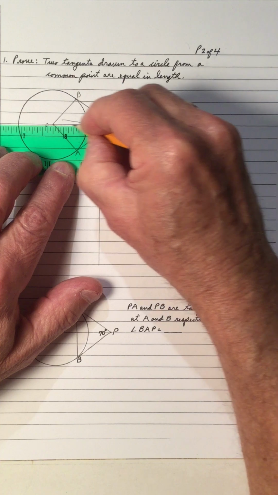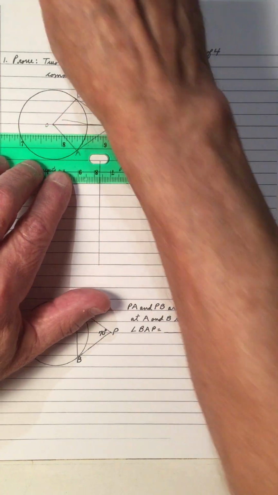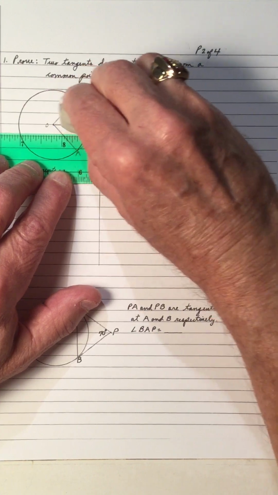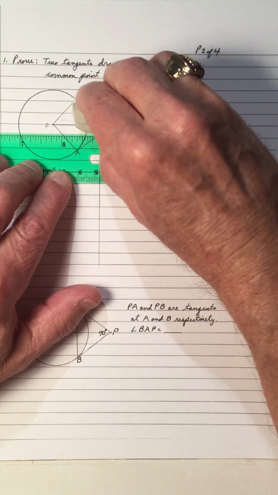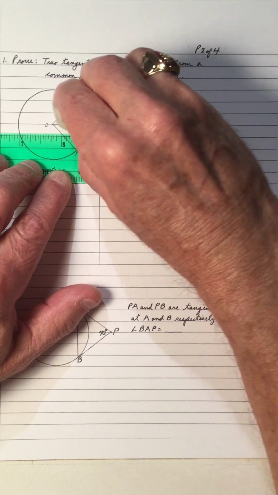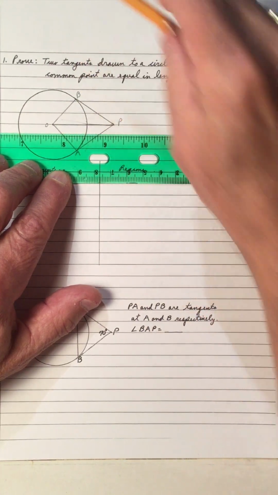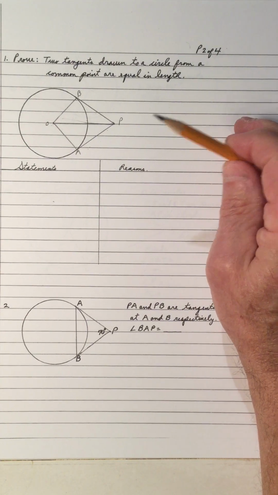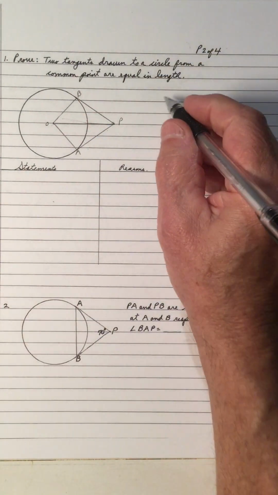Oops, I got two triangles here. Just take that out for a second, just a little slip there on the drawing. I wanted to do all this from scratch so you can see how proofs are done from the given information. So let's pick the pen up.